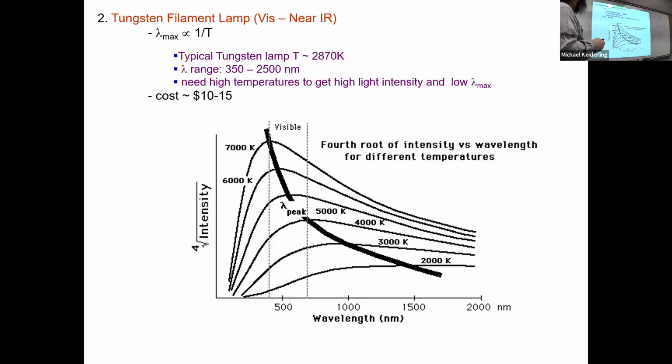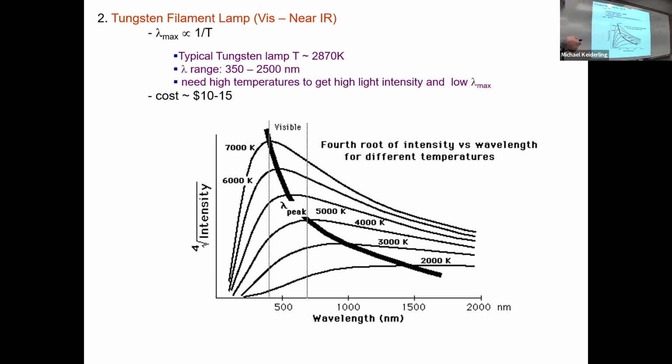Typical tungsten lamp has a temperature of around 2,870 Kelvin with a wavelength range from like 350 to 2,500 nanometers. That's the cutoff there, where glass cuts you off, basically. You need high temperatures to get high light intensity and low wavelengths.